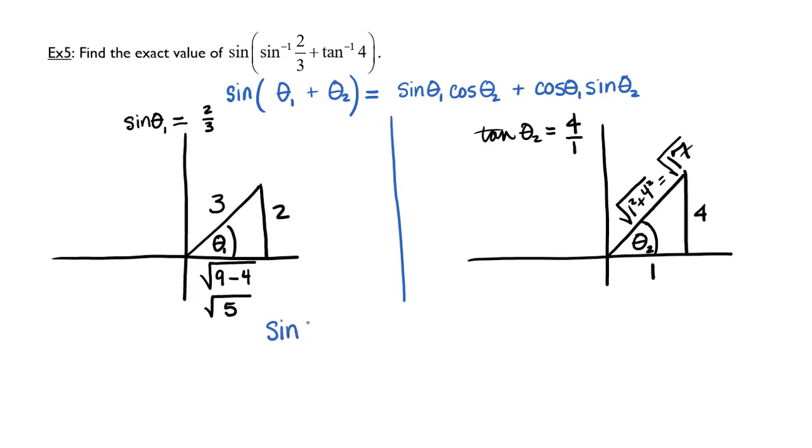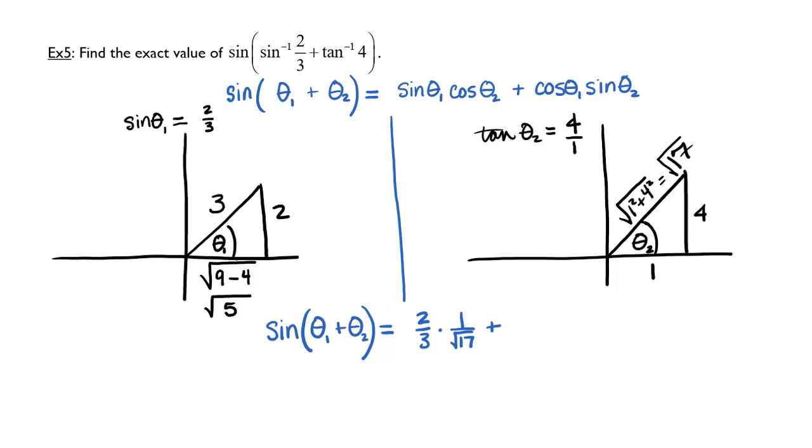Sine of theta sub 1 plus theta sub 2 is equal to sine of theta sub 1, which will be 2/3, times cosine of theta sub 2, which is adjacent over hypotenuse, which gives me 1 over the square root of 17, plus cosine of theta sub 1.